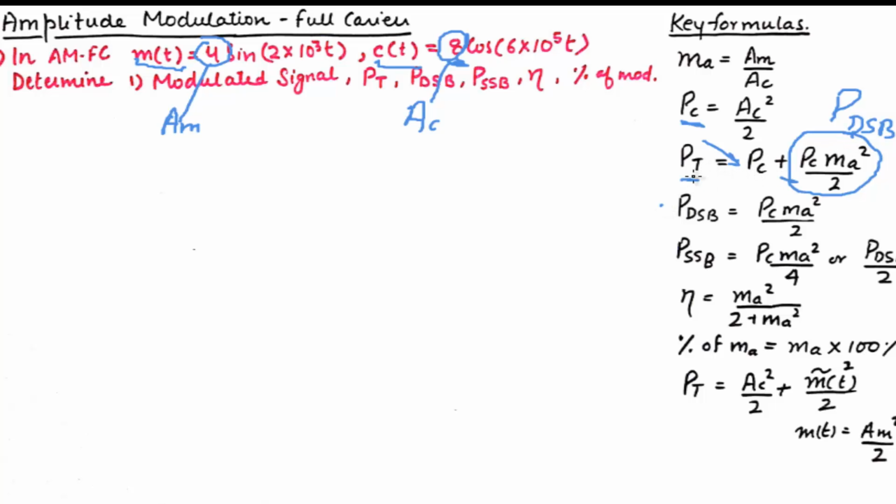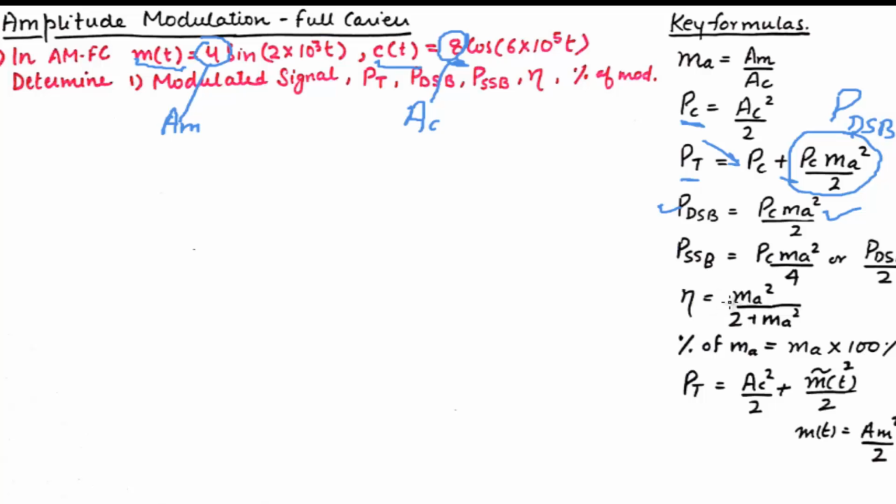So you could say that my total power is the power in the carrier plus the power in the double sideband, and the power in the single sideband is half of this. So you could remember this by simply deducing that a single sideband would have half the power of a double sideband.